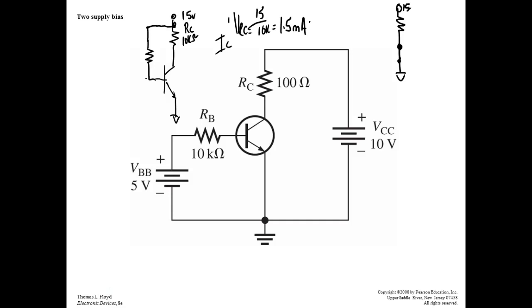What controls the 1.5 milliamps? How did I get the 1.5 milliamps? Not base voltage. This guy uses a current to control current. So what do I need to know?